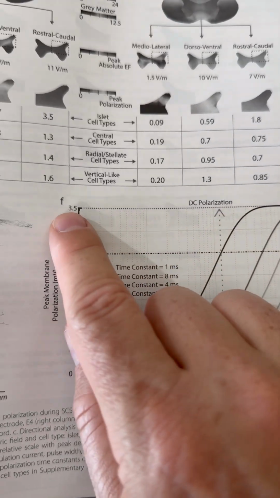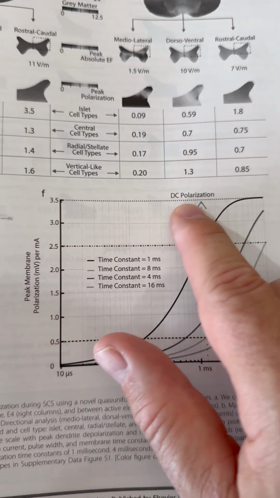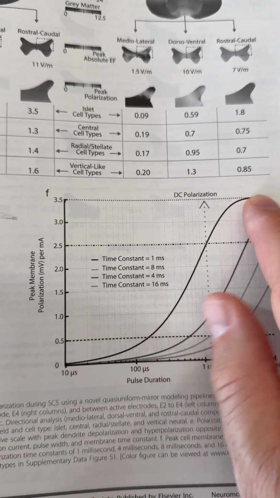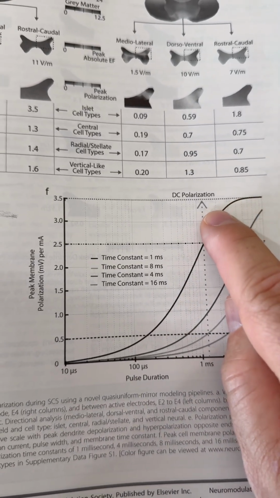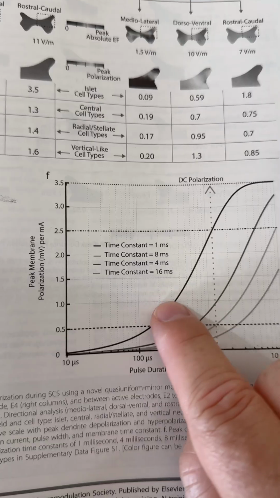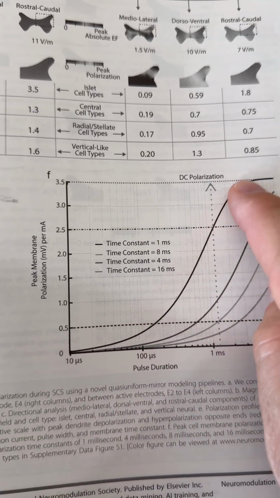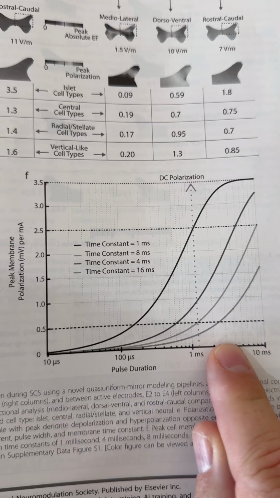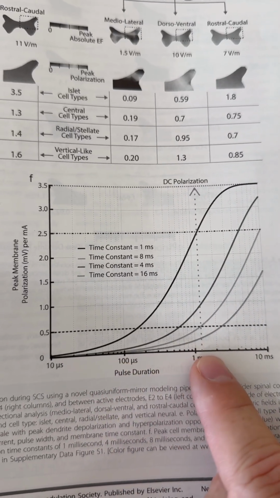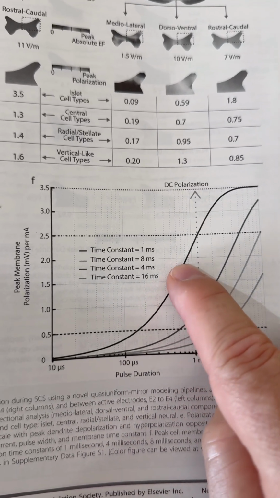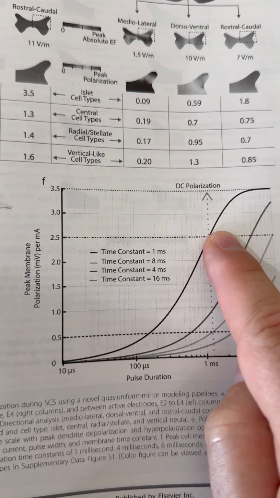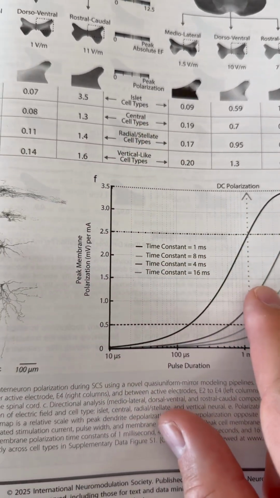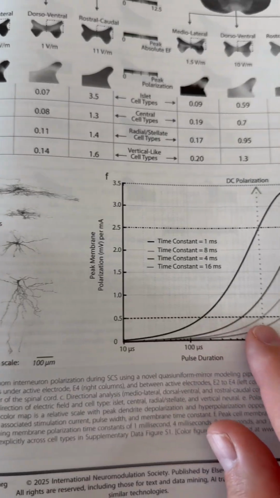So whereas you might have seen for these islet cells up to 3.5 millivolts for very long pulses, as the pulses get shorter and shorter, the polarization you see gets less and less. And so that also means that if you decide to use longer pulses, you will produce more polarization of these interneurons. And that is the main takeaway.